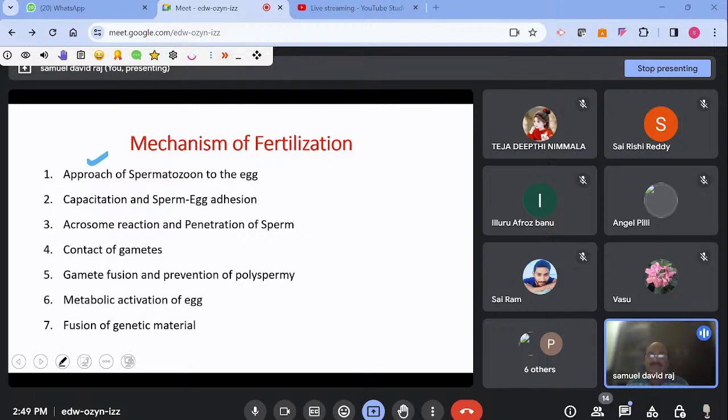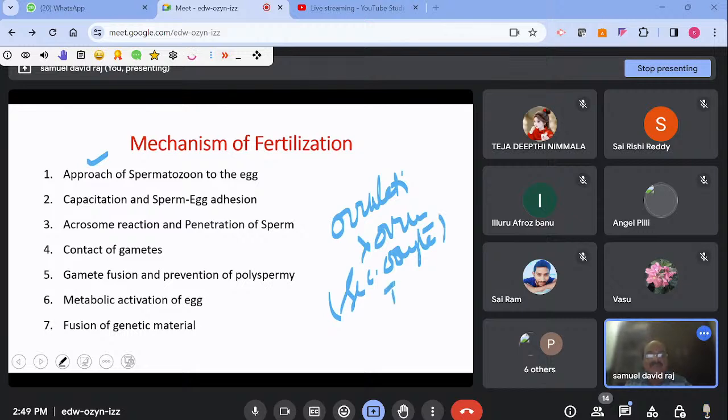And once polyspermy is prevented, in the case of mammals, we know that during ovulation, it is not the ovum but the secondary oocyte that is released. So this is still the cell that is produced after the first meiotic division.